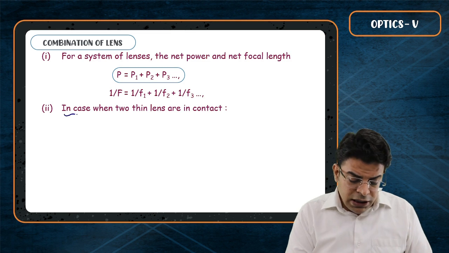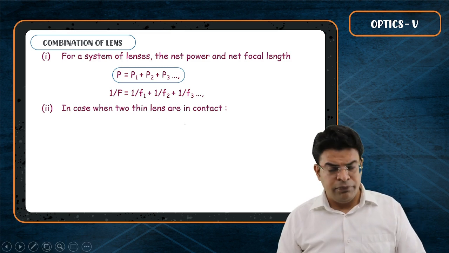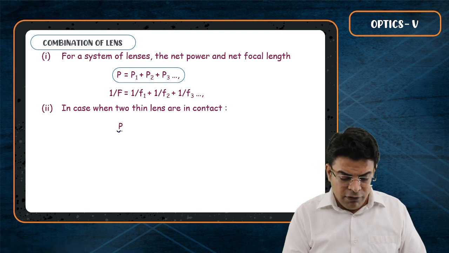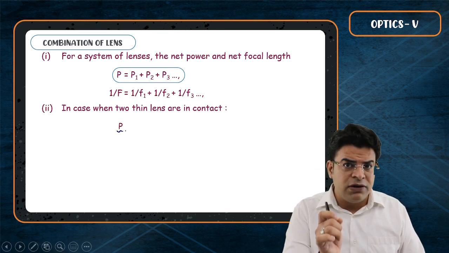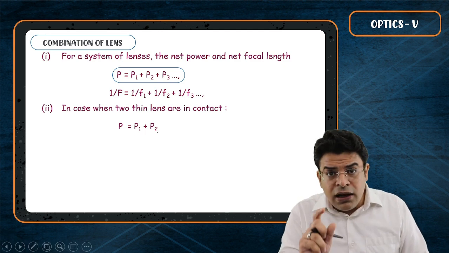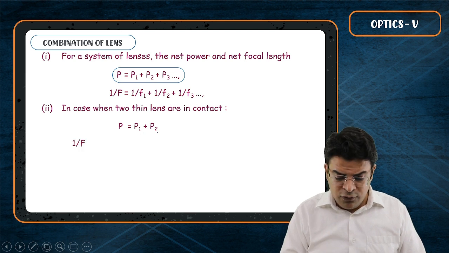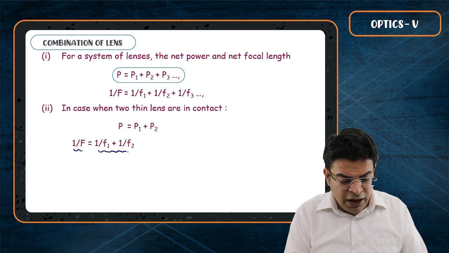Now, if you have got two thin lenses, if you have got only two lenses, then the effective power will be nothing but the power of the first one plus the power of the second one. And when asked what will be the effective focal length, you will say that 1 upon effective focal length equals 1 by F1 plus 1 by F2.